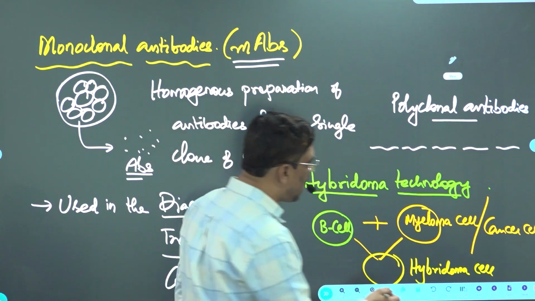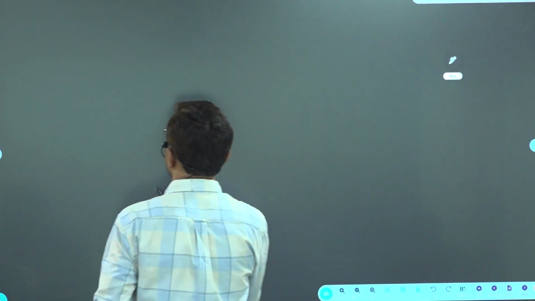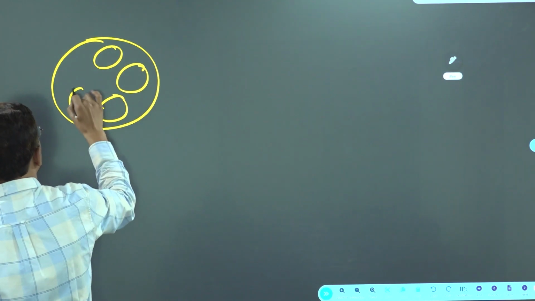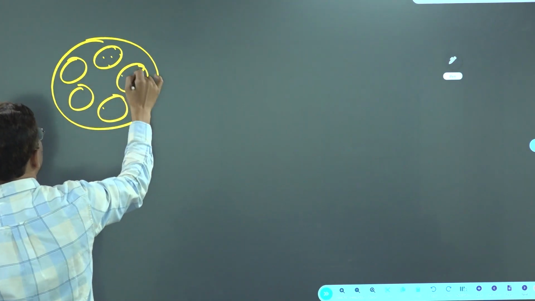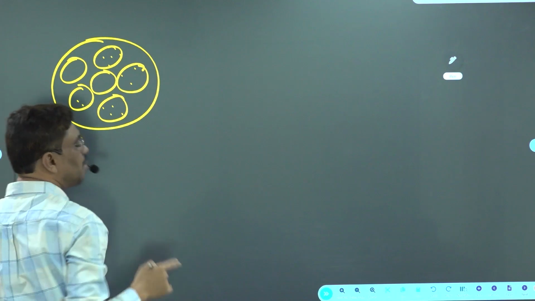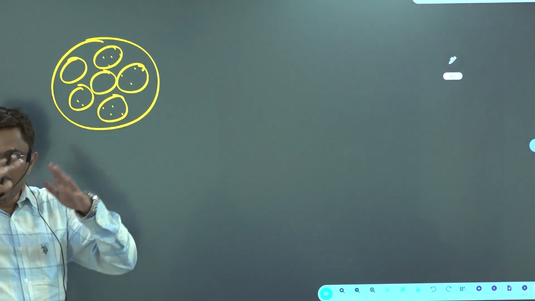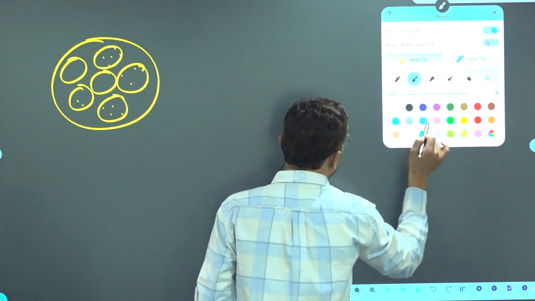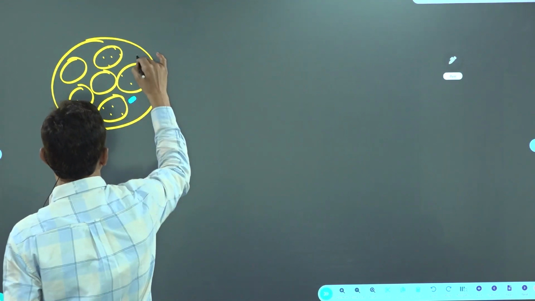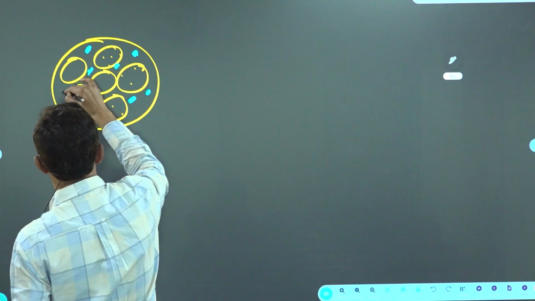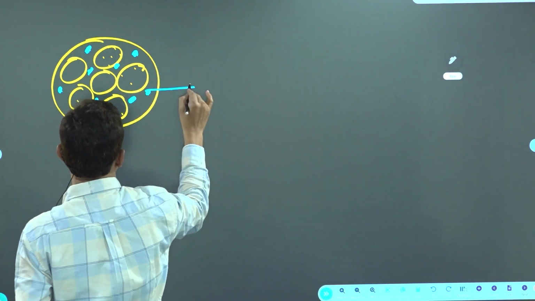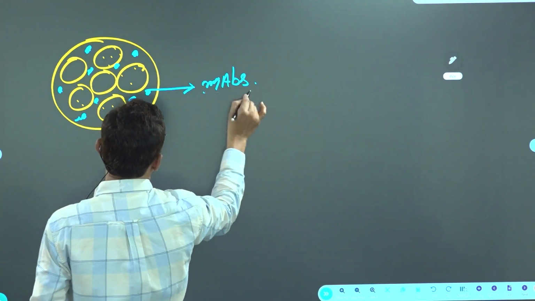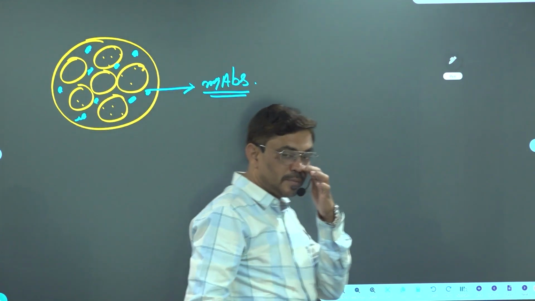Now this hybridoma cell is grown in the laboratory. As it has multiplication capacity, from a single hybridoma cell, many hybridoma cells are formed. And from these hybridoma cells, the same type of antibody is released. These antibodies are called monoclonal antibodies.